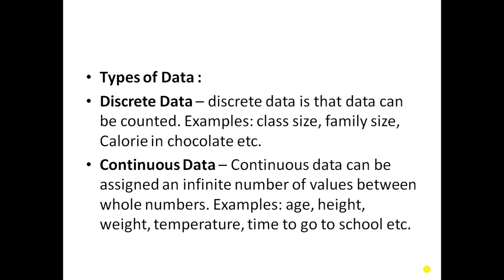Examples: age, height, weight, temperature, time to go to school, etc. And some data are discrete data. Discrete data is measurable and can be counted. Examples: class size, family size, calories in chocolate, etc. Understanding these data is very important while using the control chart or process control.